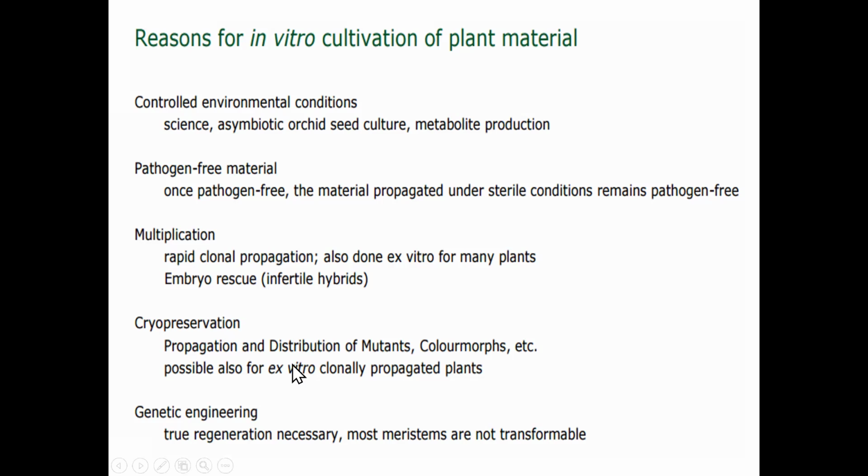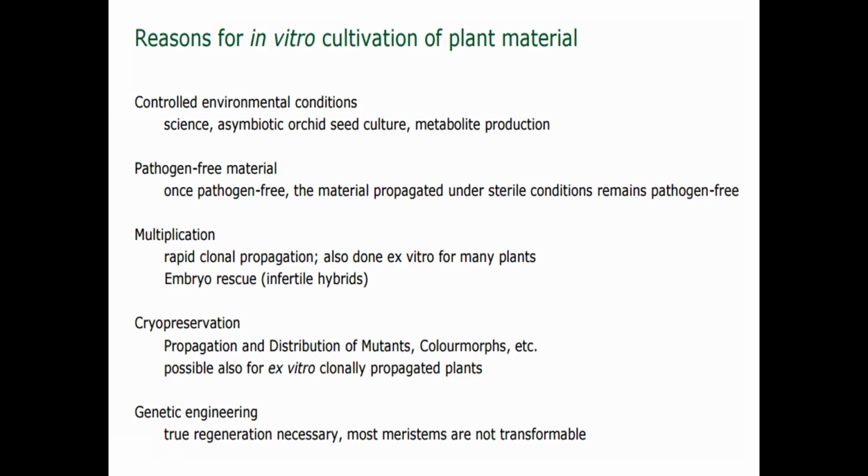Cryopreservation: some extinct plants you can preserve as a tissue, in a form of cryopreservation. Cryopreservation means to preserve some living tissues or cells at very low temperature, minus 160 degrees Celsius. In that condition, if you preserve the cell, then the cell becomes silent, goes into deep sleep.